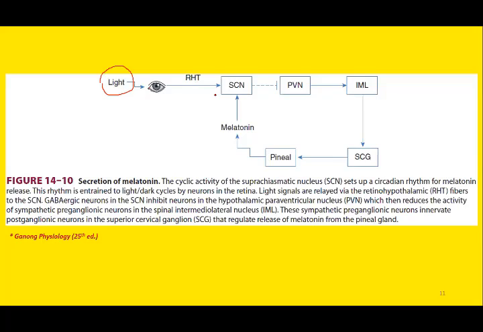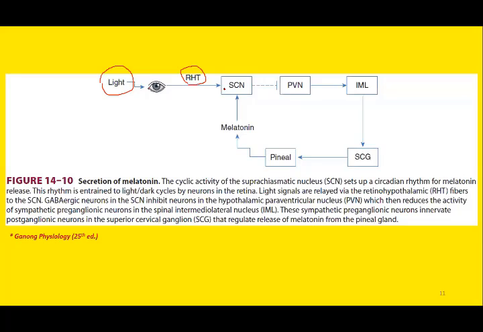The pathway responsible for relaying the signal from the retina to the suprachiasmatic nucleus of the hypothalamus is known as the retinohypothalamic fibers. These retinohypothalamic fibers, as the name indicates, run from the retina to the hypothalamus and transmit the signal from the retina to the hypothalamus.